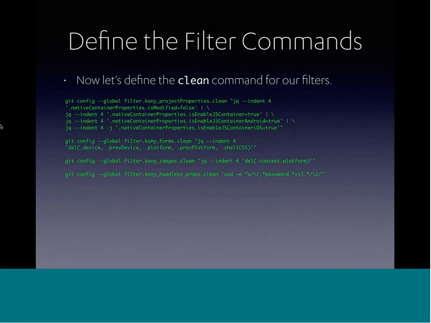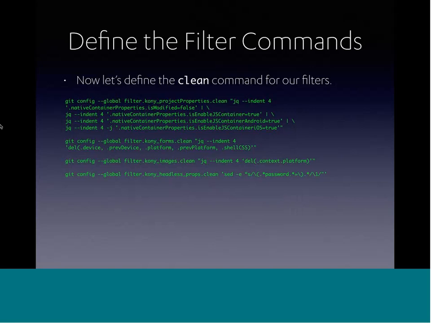For the last one, for the headless properties file, I'm using sed, and I'm just saying ignore anything that has the word password in it. You can do it for other attributes as well, but in general, I recommend not versioning the headless build.properties file. So maybe you don't even need that.